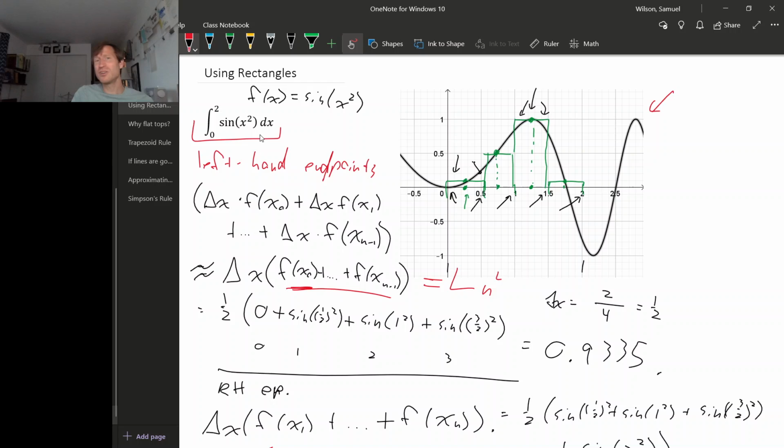It's just some function that you have in the abstract, like, say, the population of a certain city or the temperature of a certain location. These are things that you don't have a formula for. If you want to evaluate that function, you actually have to go out into the world and gather data. And if you gather data, you don't always get to choose what x values you gather data for.